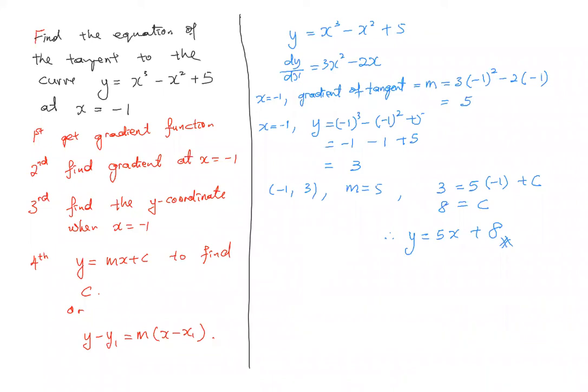So before you can get the equation of tangent, you have to go through the first, second, third step first. So you have to know how to work around with it. Okay, so let's talk about another question.